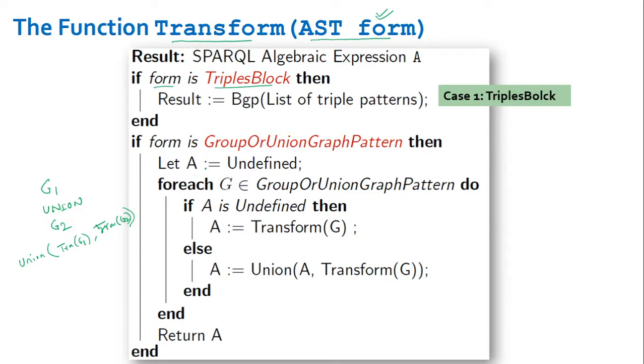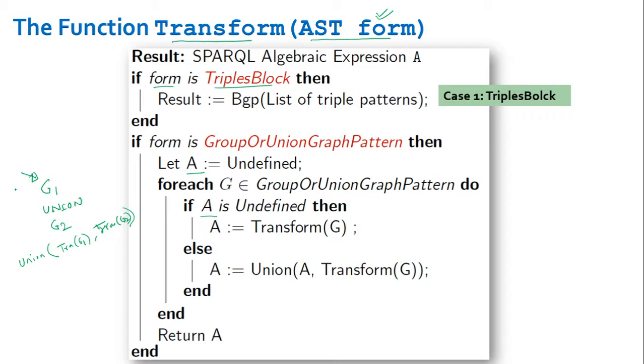Now we start with one operator or parameter that is already undefined, so we don't assign anything to it, right? Now if we see that we have a graph which is a group or union graph pattern, then we first check whether A is undefined. So we are considering this case.